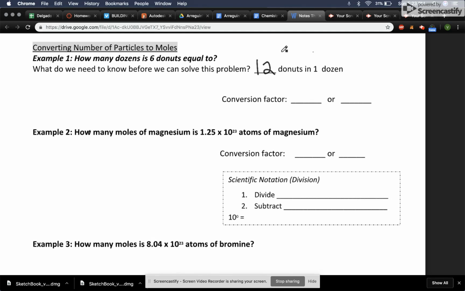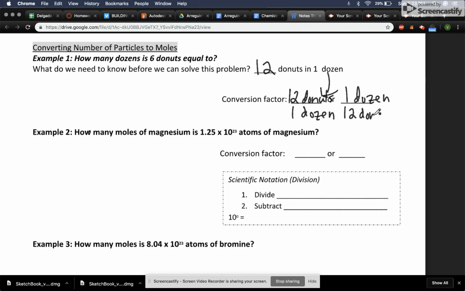So here we could turn this into our conversion factor. Okay, and the way we do that is we could write 12 donuts over 1 dozen. Or we could write the 1 dozen on top and then the 12 donuts on the bottom.